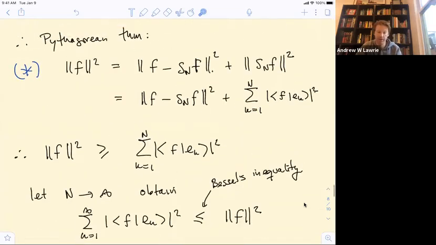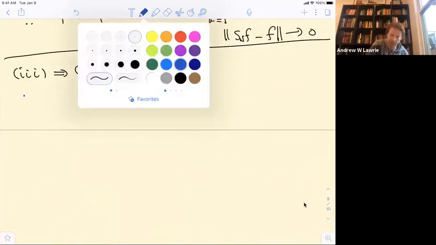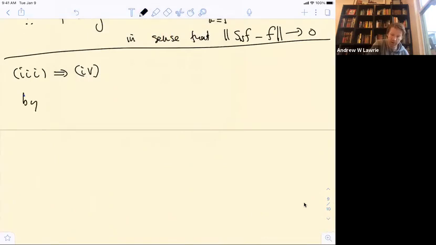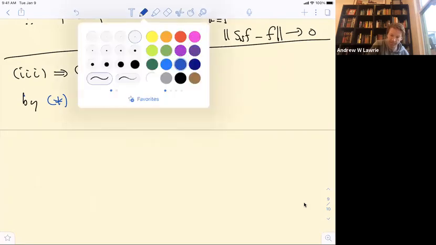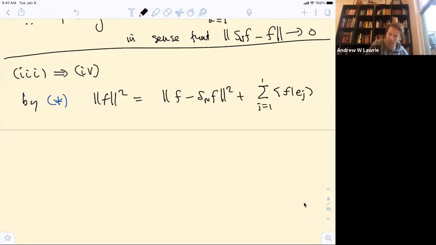So let me write that out. By star, this, and then just let N go to infinity.